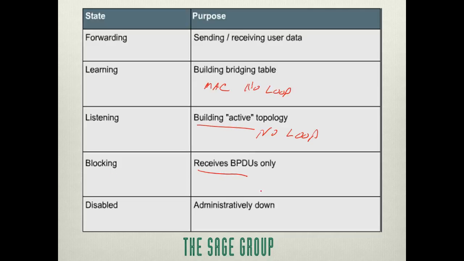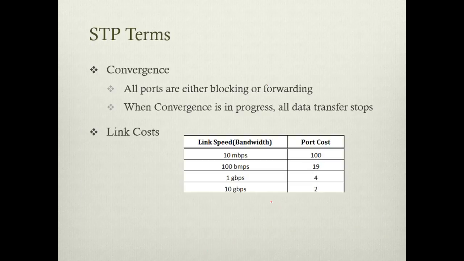Blocking receives PDUs in case something changes, the topology changes. Then it may become one of the ports that are required. And then we have administratively down, when we use the shutdown command.